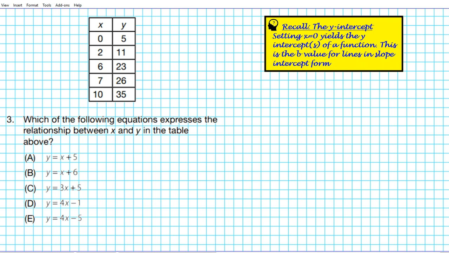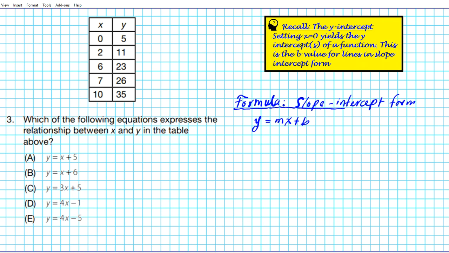In the case of a linear function, the b value, when the equation of that line is written in slope-intercept form, represents the y-intercept. Alright, so the formula that's going to guide our problem-solving process is the slope-intercept form of the equation of a line, which is given by y equals mx plus b.